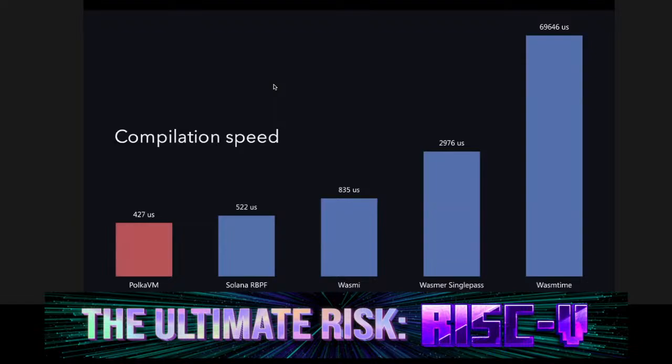Might not be that great, but they have really fast compile time, so that's something they got right. And on the very far right, we can see WASM time, which is pretty slow when compiling. So this is how they get their stellar performance. They just have a really powerful optimizing compiler, which takes quite a long time.